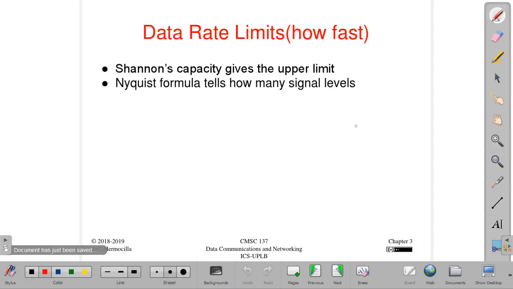So the Shannon capacity gives the upper limit, and the Nyquist formula tells how many signal levels are needed to achieve that particular bit rate. So you can actually integrate both of these limits in solving certain problems.